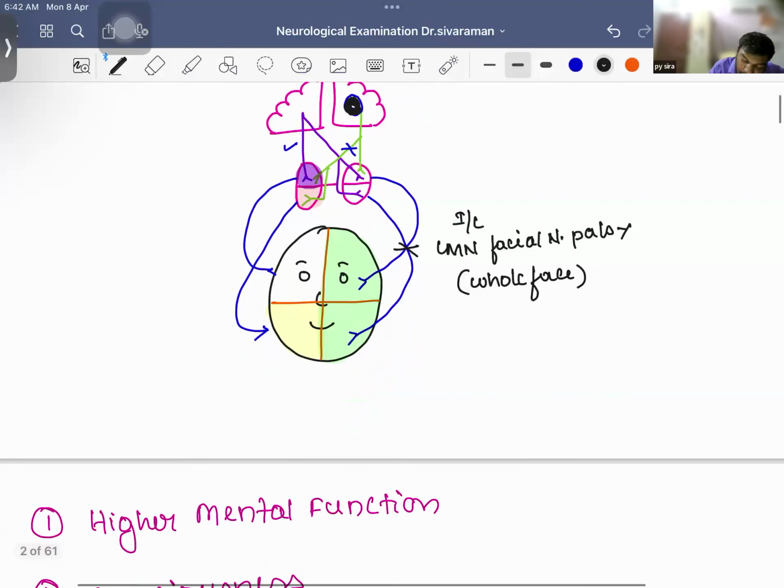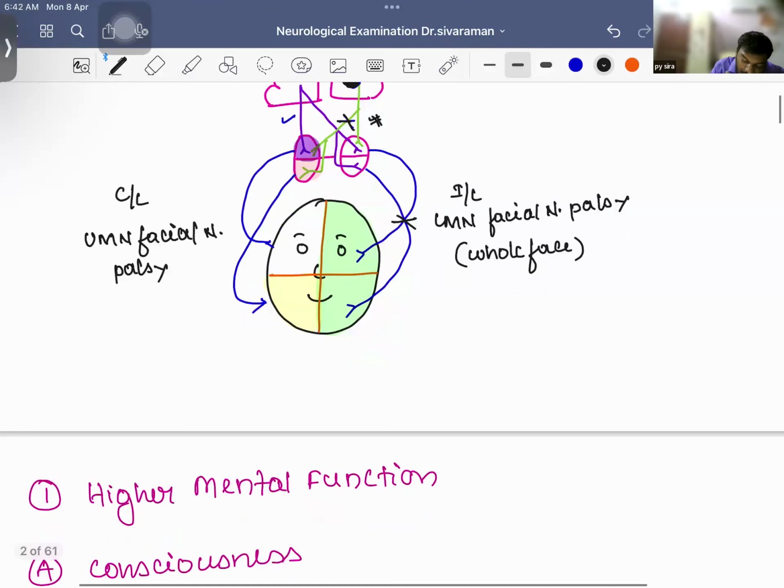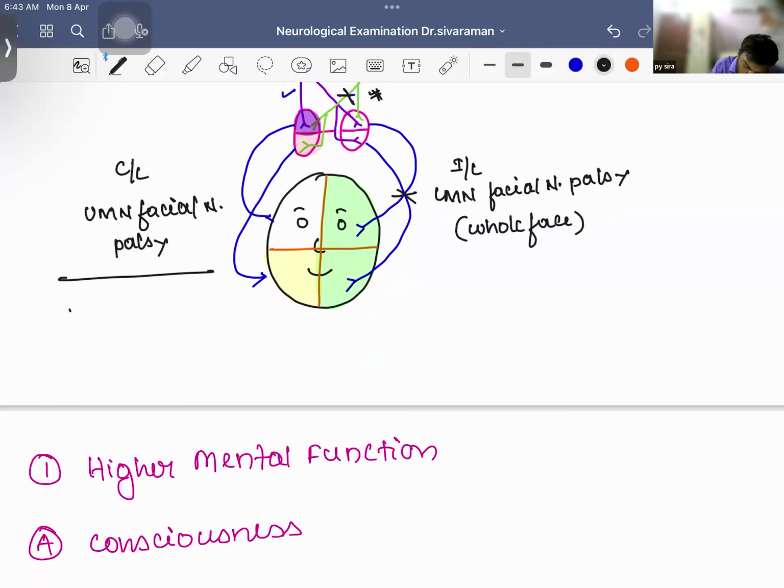Whereas whenever the patient is having a lesion here, it is going to involve UMN type of facial nerve palsy, where the patient is going to have contralateral involvement. If you see this side, the lesion is this side, but the patient is having facial nerve palsy on this side, and the lower part of the face is involved.